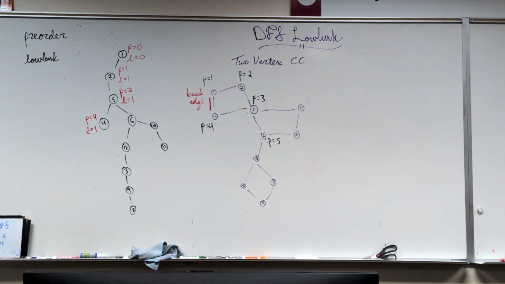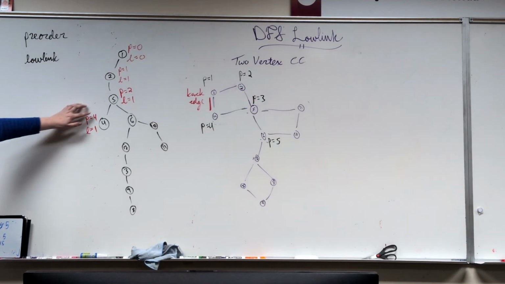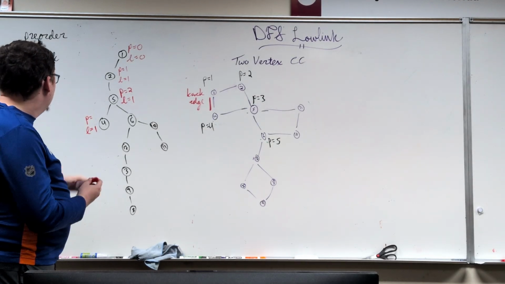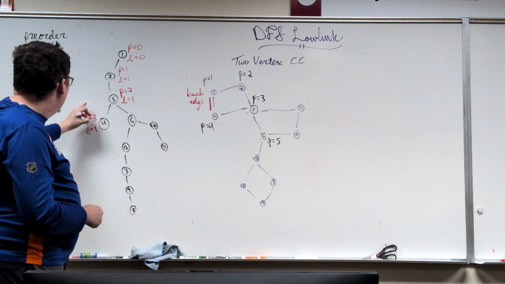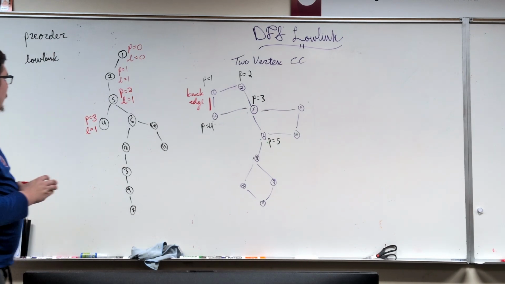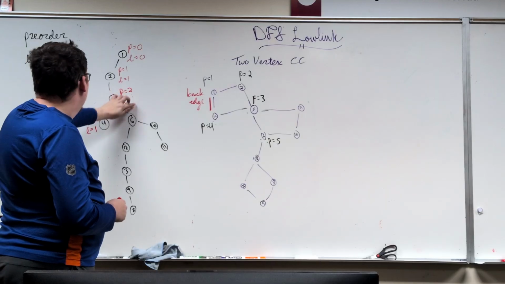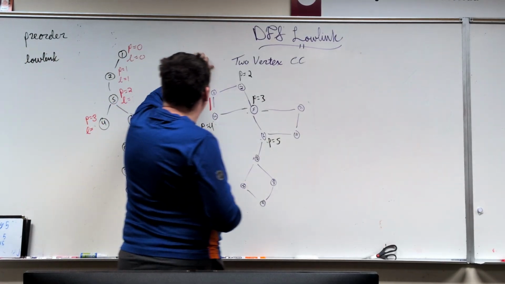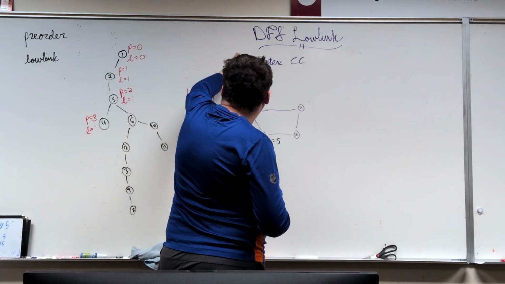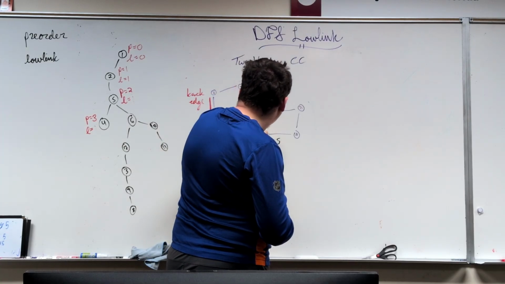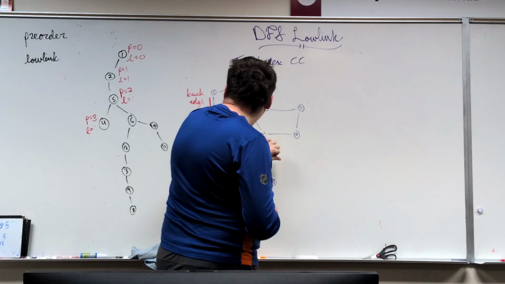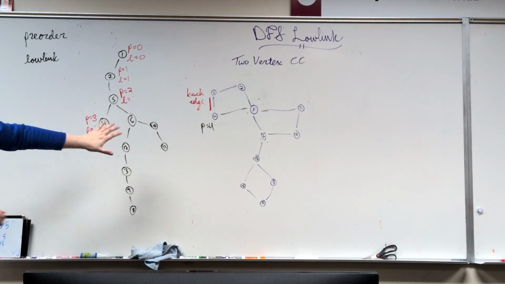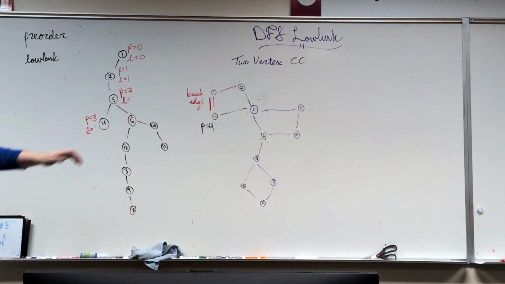Yes. Why is 4's pre-order 4 and not 3? Because it should be 3. That's my bad. Since Lowlink should be 0, right? Yes. 4 escapes to 1. I used 0 versus 1 indexing in 2 different positions. That was my confusion. I'm working 0 indexed here. Earlier I had talked about pre-order as 1 indexed.